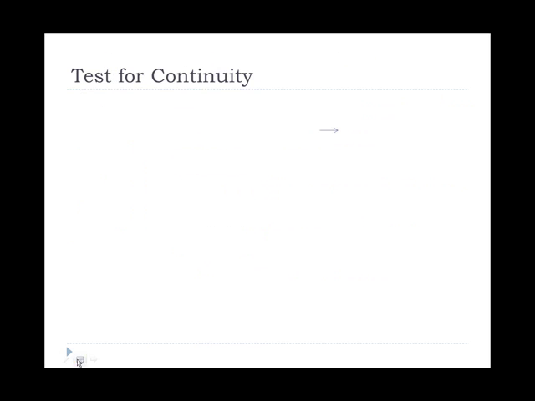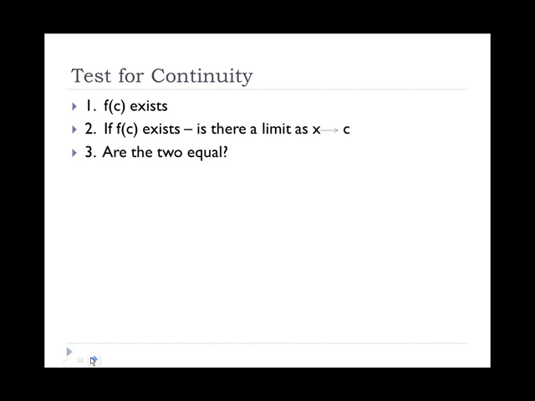So when you're asked to test for continuity, first make sure that the function is there. Make sure that there's not a hole. And if there is a function value there, make sure that it's the same as the limit as you approach that area. And so they both would have to be equal.